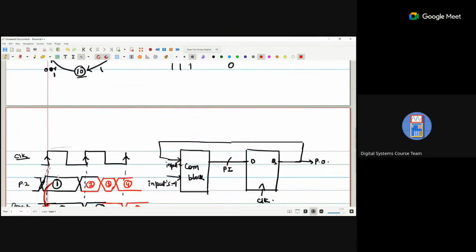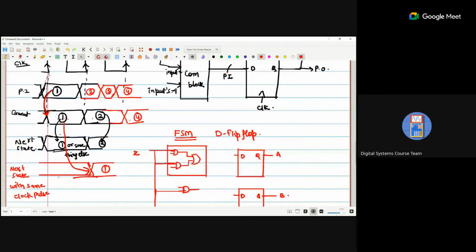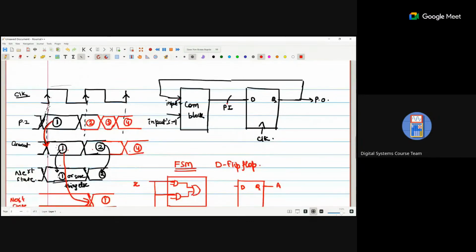The second input will come from the output of the D flip-flop.